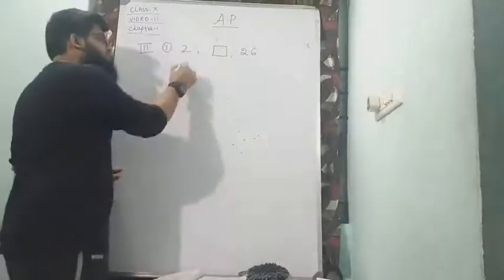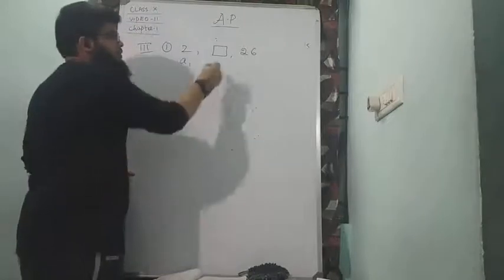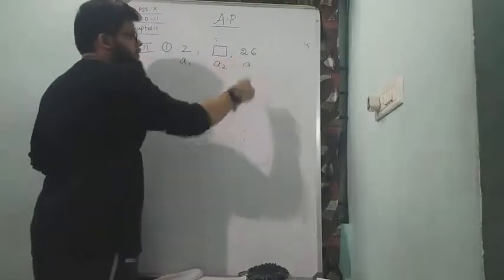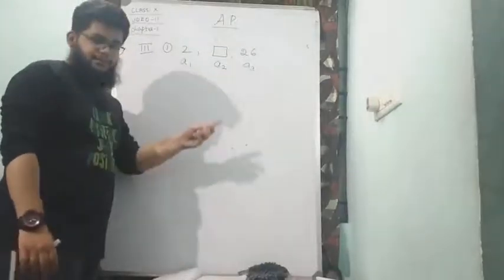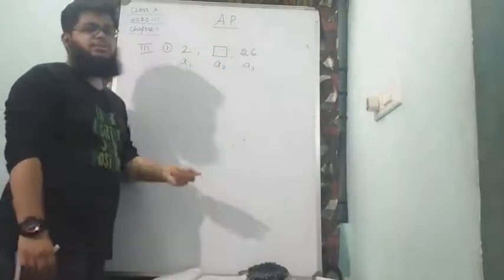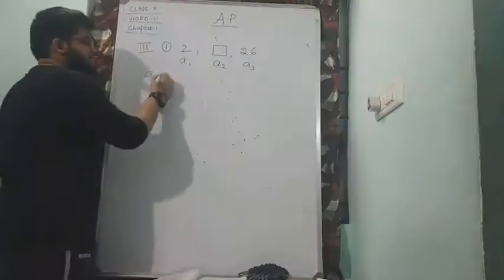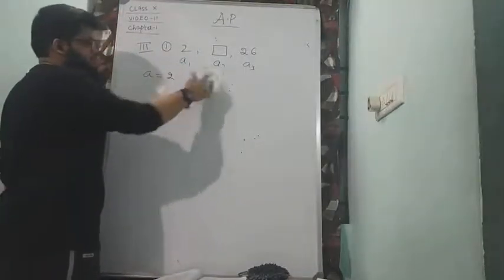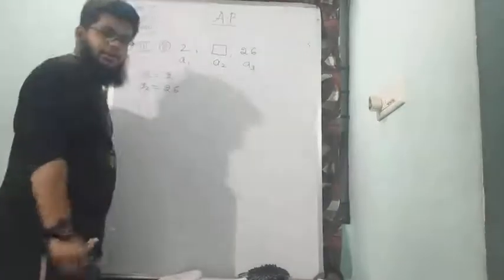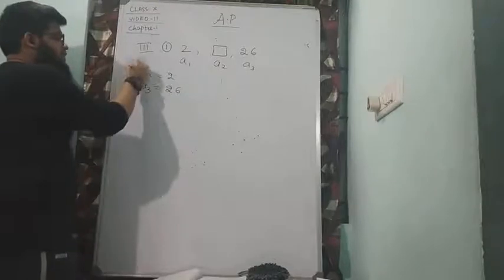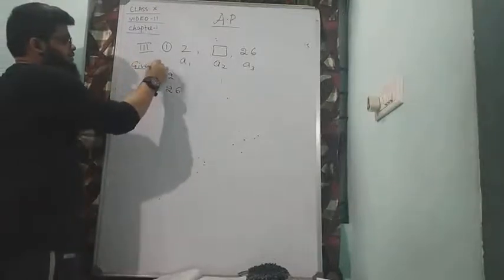Basically, in simple terms, this is like A1, first term, second term, third term. In these three terms, A1 and A3 are given, A2 is missing, that means we should find out A2, right? So A1 is nothing but A, which is equal to 2. A3 is given, A3 is equal to 26, right? So all these values are given.